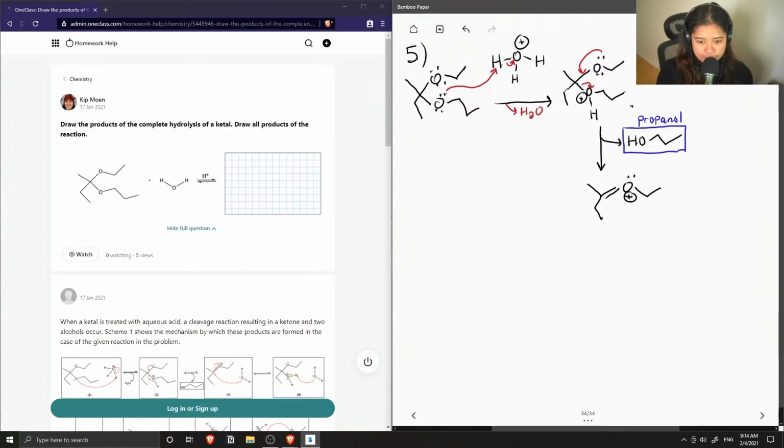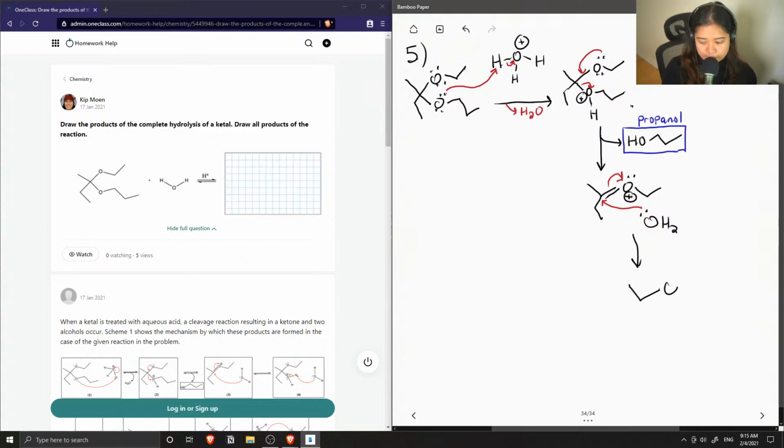So from here, another water molecule can come in and attack the carbon beside the double bond, like so, and brings the pair of electrons up to neutralize that oxygen.